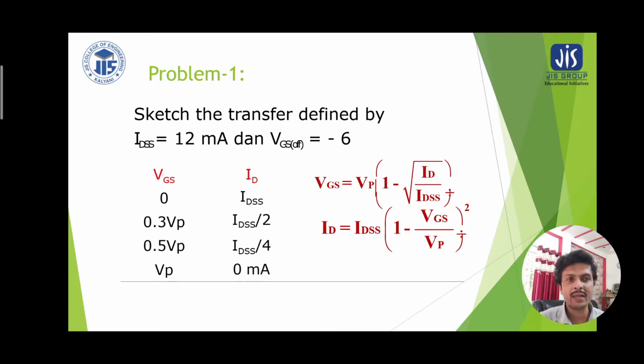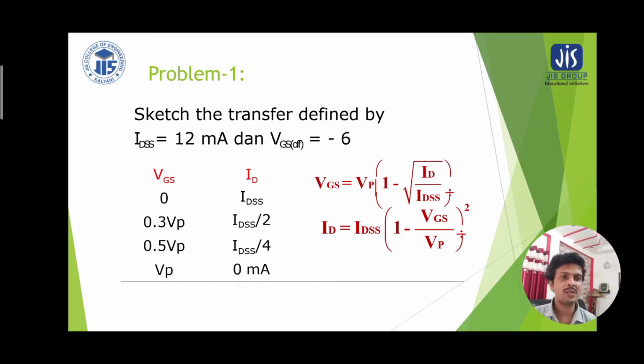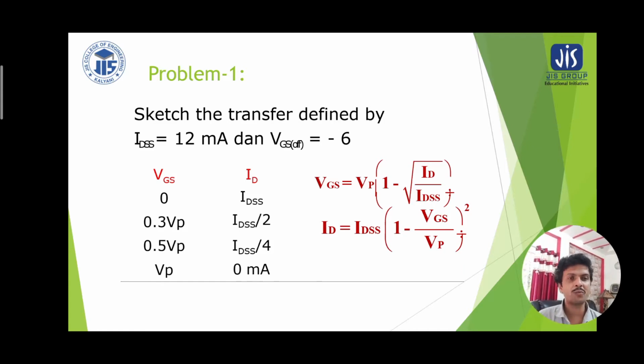As we have seen in the characteristics, we used some numerical value. We considered that the threshold voltage is -4 volt, for which the drain to source current is 0 milliampere. That has been termed VP. So VP is the amount of negative voltage which, if applied, gives 0 milliampere.